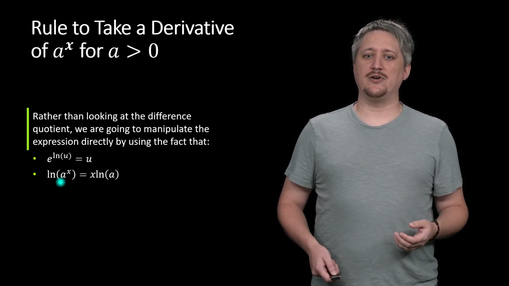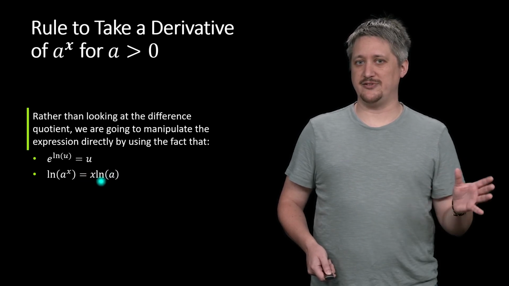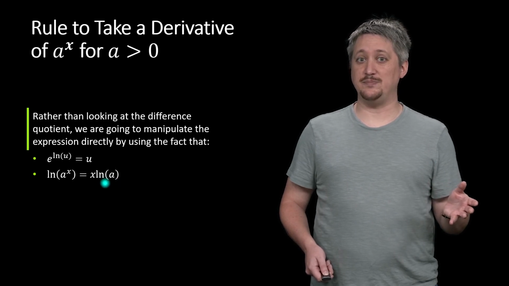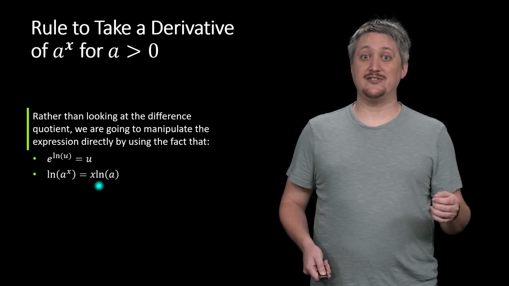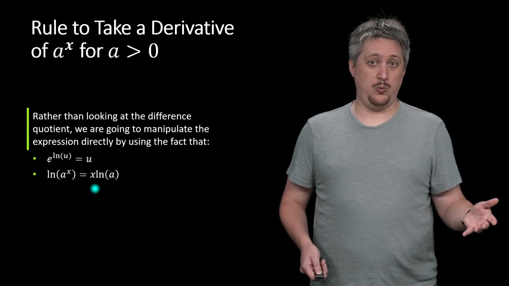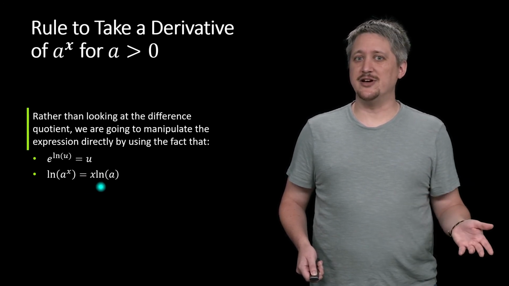But natural log of a isn't really a function, because a isn't changing. So I can think of natural log of a as being a number, meaning if a is 17, this is just the natural log of 17. It might be a gross number. Natural log of 17 is not great, but it's still a number.